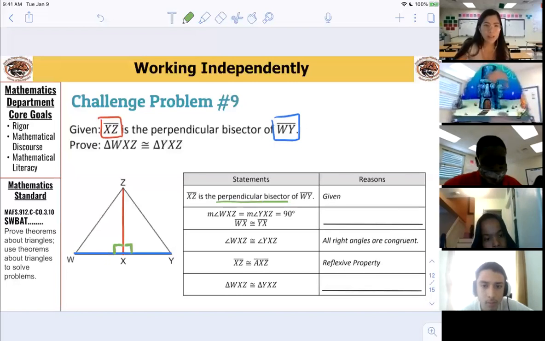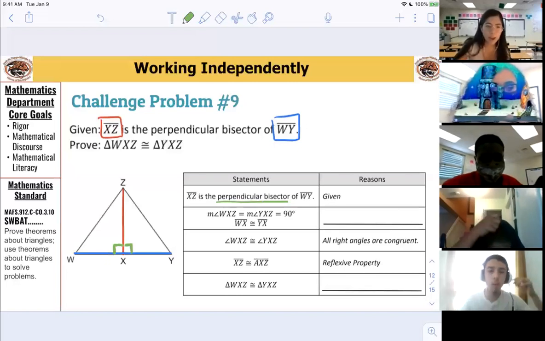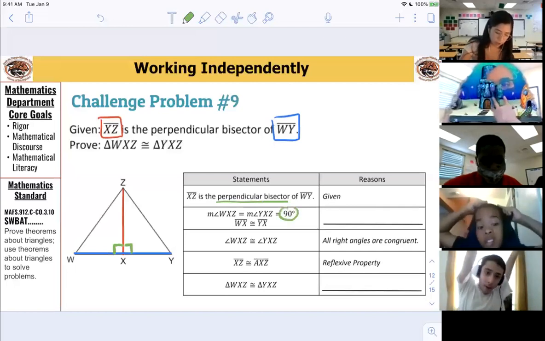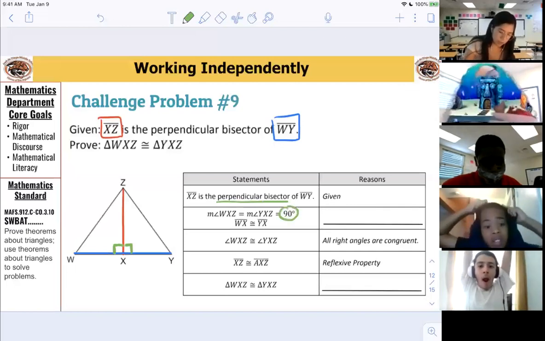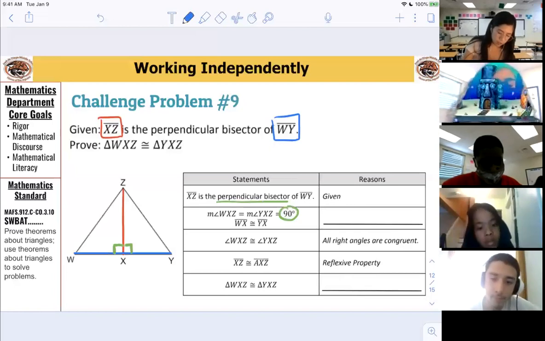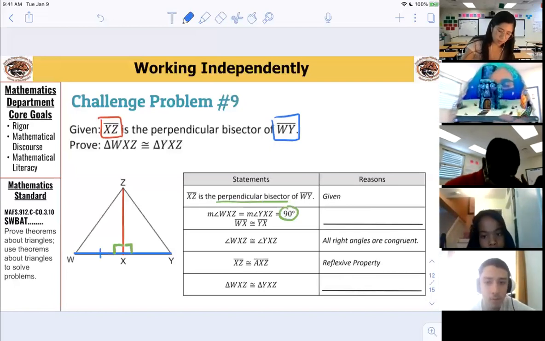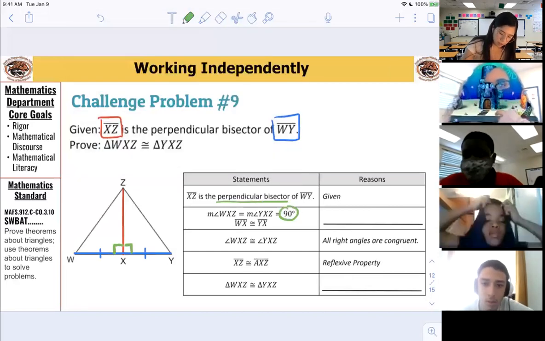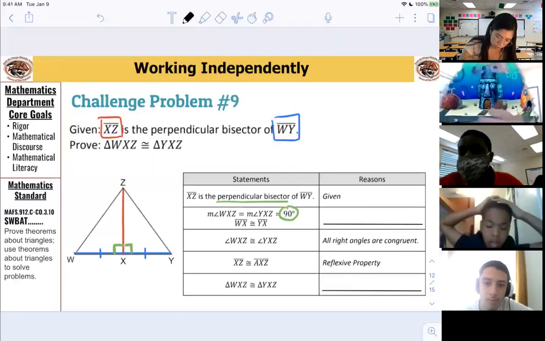Since they told us I have a perpendicular bisector, that means I have a 90-degree angle. I also know that WX is congruent to YX. So the reason for both of those things is definition of a perpendicular bisector.